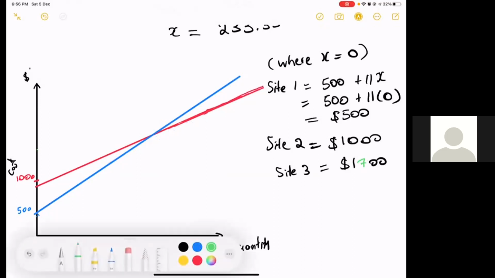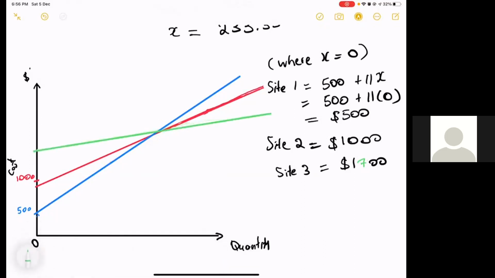And then the green line. Okay, that's 1,700. So this is site 3. That's site 2, and that is site 1.